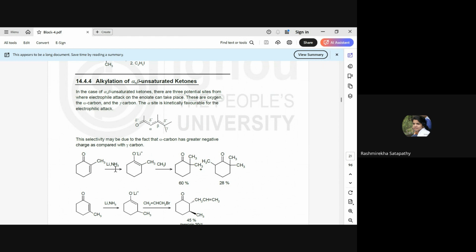When this compound is treated with lithium and ammonia, this double bond moves to here, and this double bond moves, giving O minus lithium. This compound is formed, then with methyl iodide, the methyl group is attached here. Two compounds are formed. The methyl group can be attached here, or here.